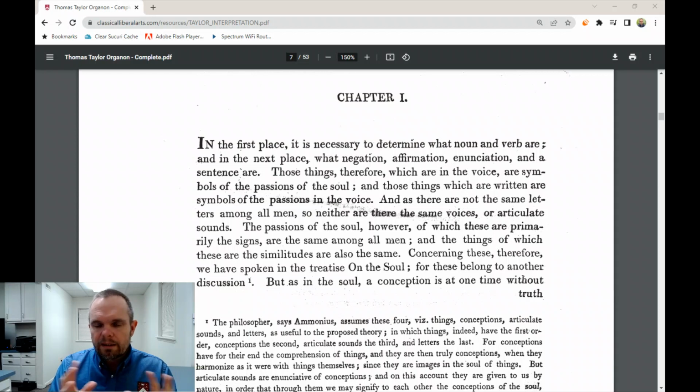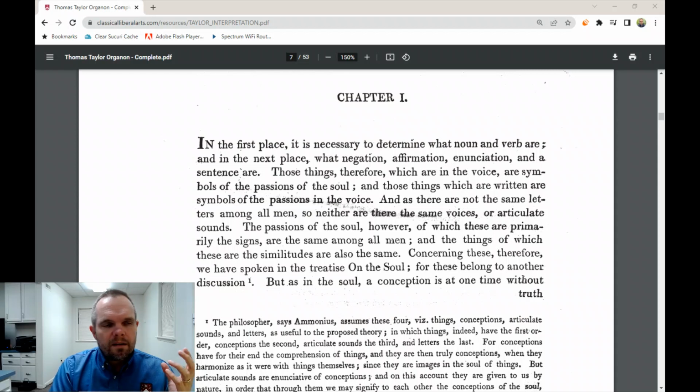Okay? So let's start by understanding what the passions or impressions of the soul are. And then Aristotle says, the things which are in the voice, spoken things, words and judgments, spoken things are symbols of those passions of the soul. Our words are signs or symbols that we use to represent the ideas or the impressions that exist in our mind. Right? It's very simple to understand.